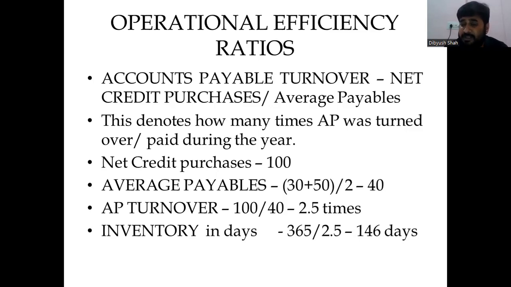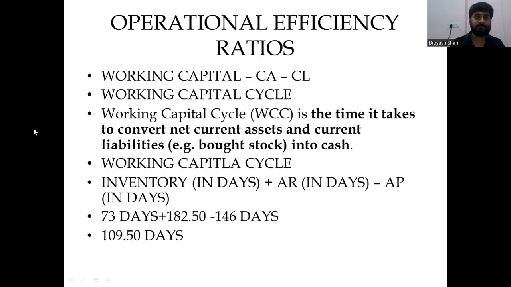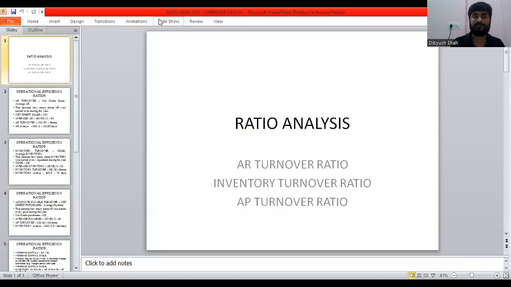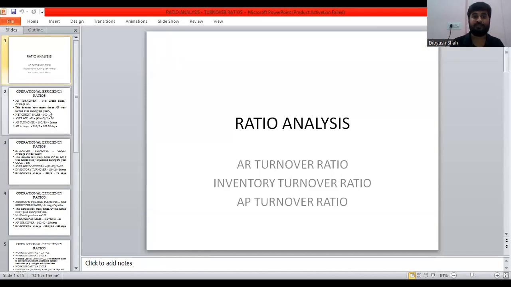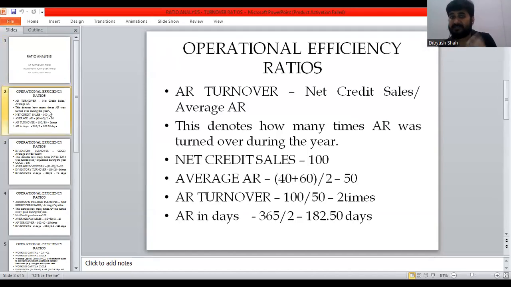I find 146 days. Now, suddenly, when I go back to my ratio of accounts receivable, I see they were able to collect sales only 2 times during the year.